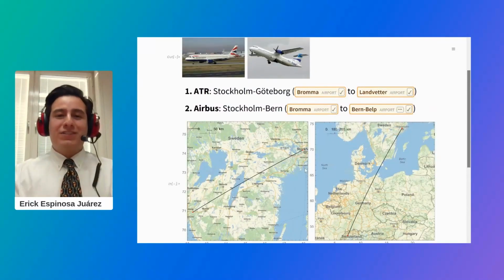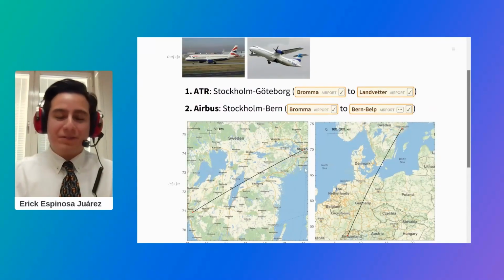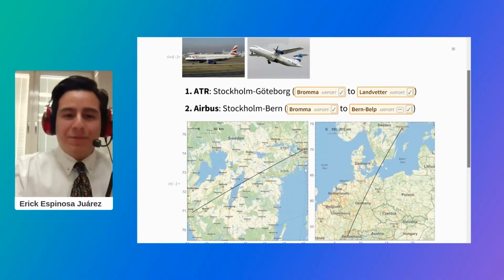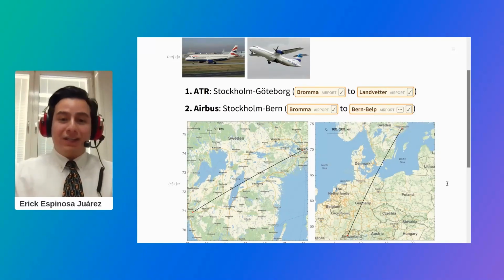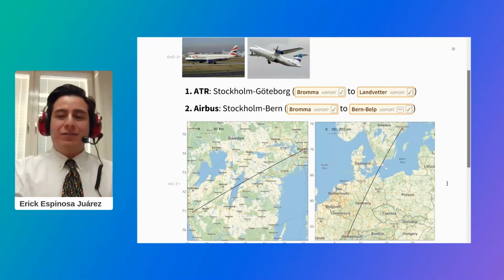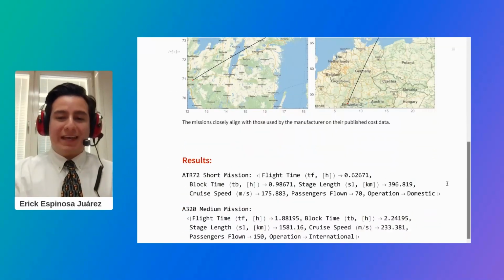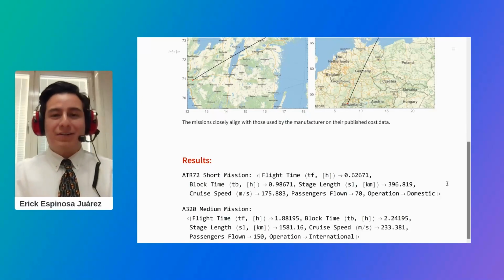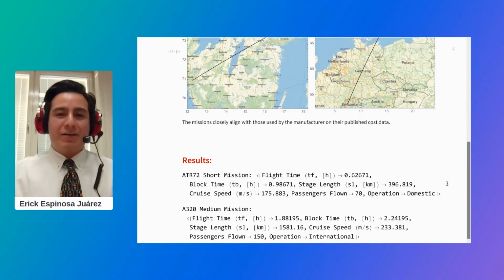So, the two airplanes analyzed, the Airbus A320 and the ATR, and the two missions here in Sweden, the first one and the largest one from Stockholm to Switzerland. Once you get the distance between the cities using Wolfram language and the entities, you're going to be able to get some results based on functions that use aircraft performance data.